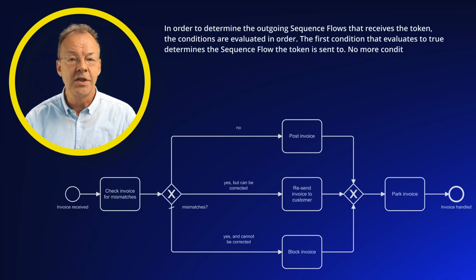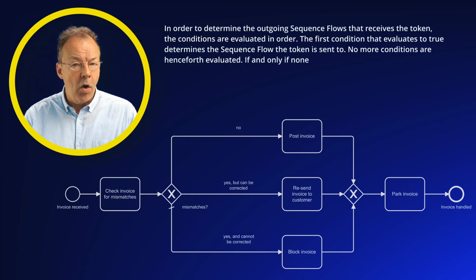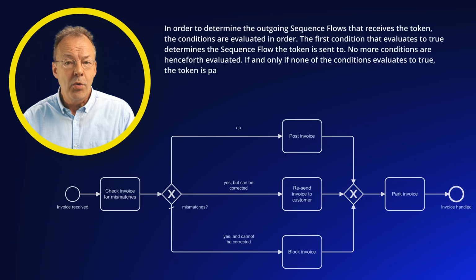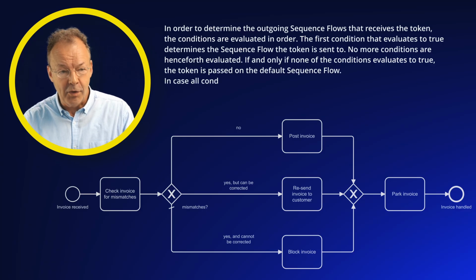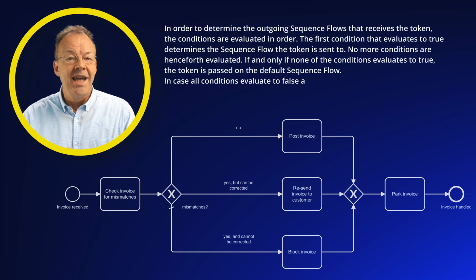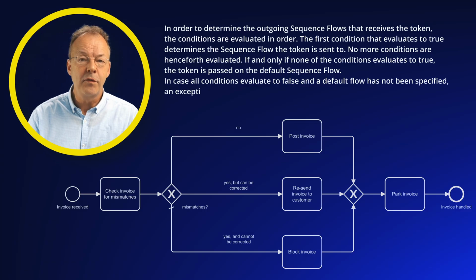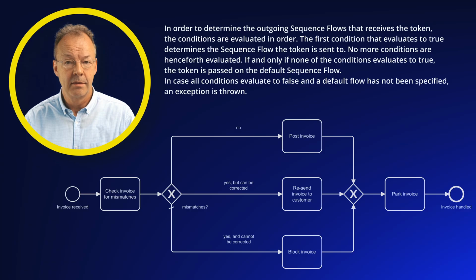No more conditions are henceforth evaluated. If and only if none of the conditions evaluates to true, the token is passed on the default sequence flow. In case all conditions evaluate to false and a default flow has not been specified, an exception is thrown.